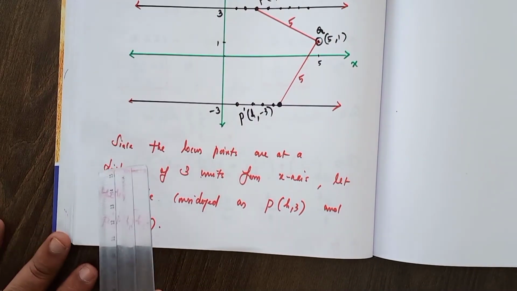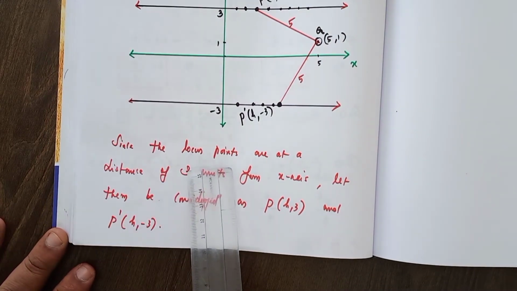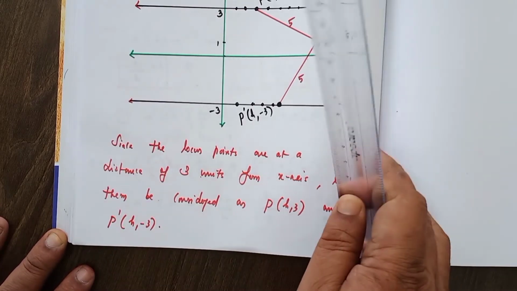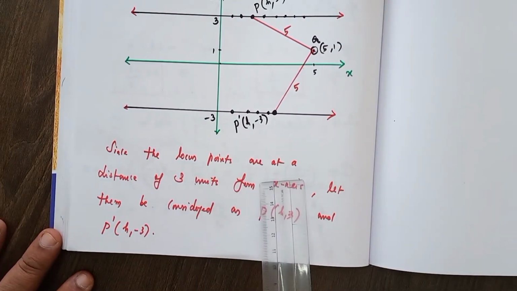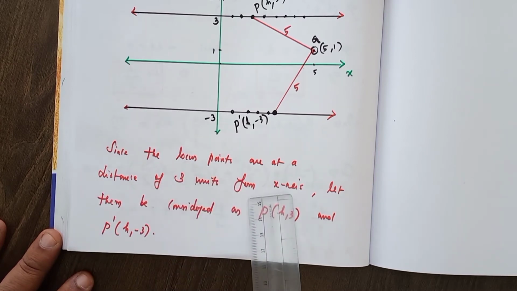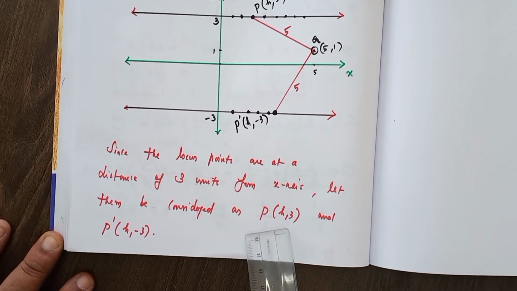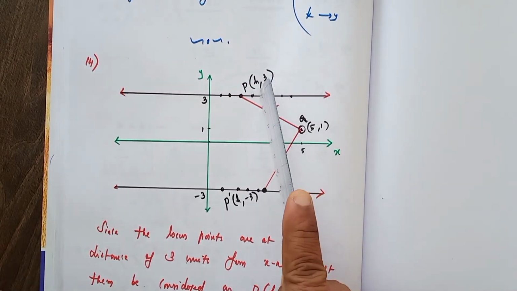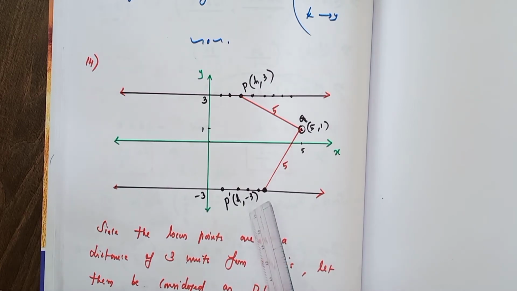So what I have given here: since the locus points on this line are at a distance of 3 units from the x-axis, let them be considered as P of (h, 3) and P dash of (h, -3).